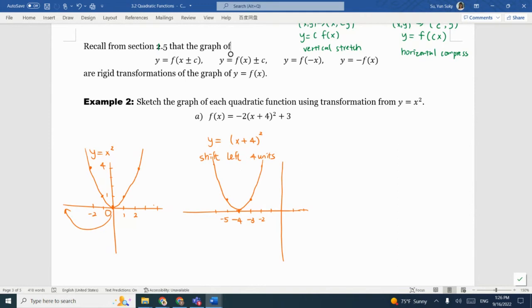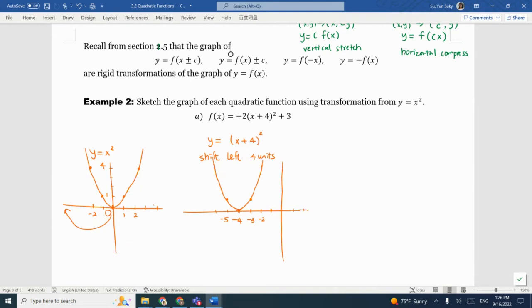Okay. And then what's the next step? We check. So first step, shift left or right. Second step, we flip over x or y. Do we have a reflection over the y-axis? Do you see a minus sign in front of the x?